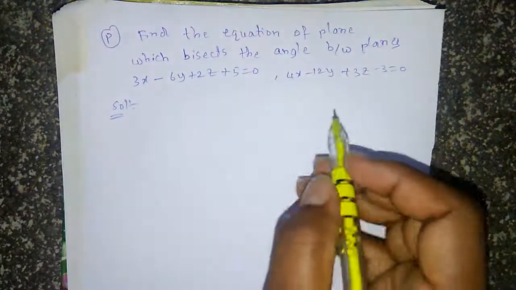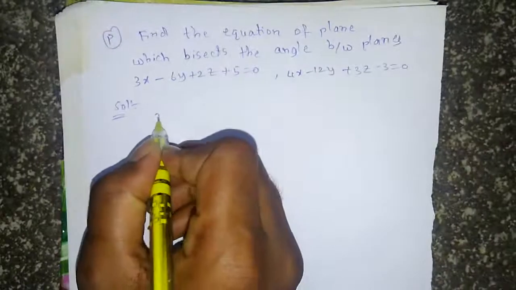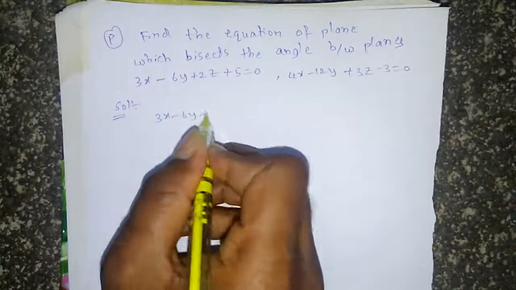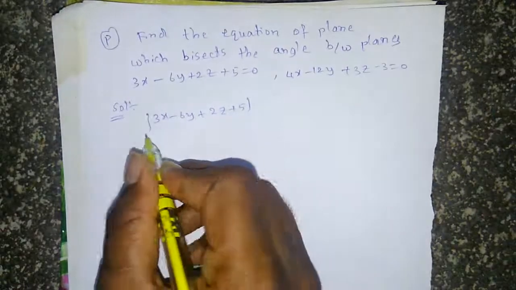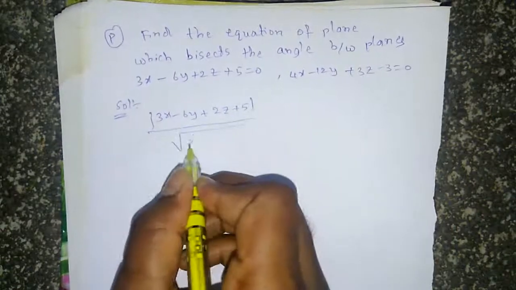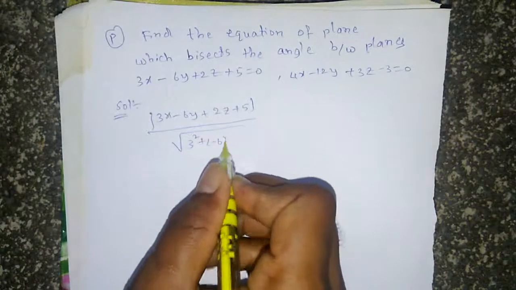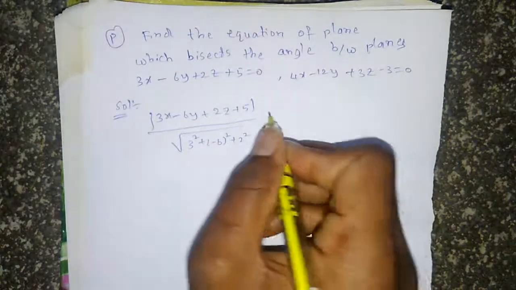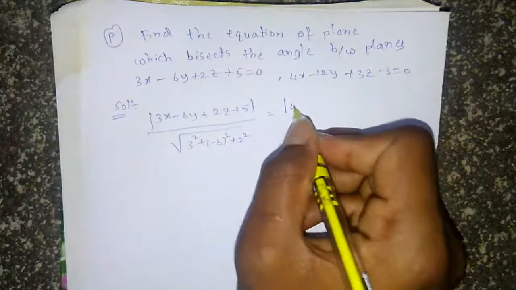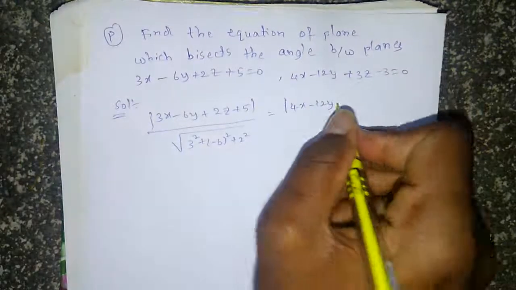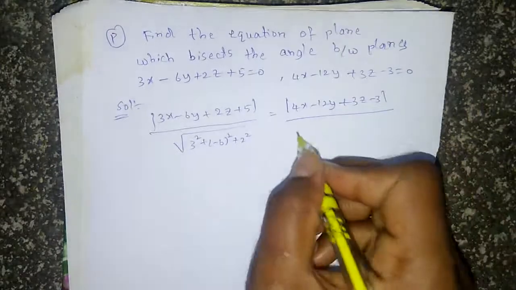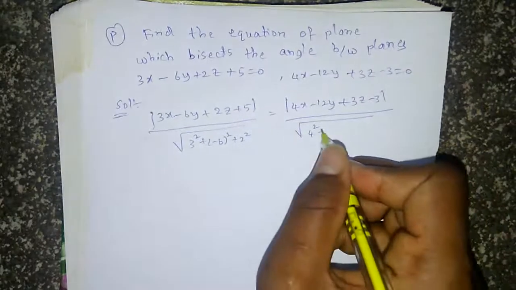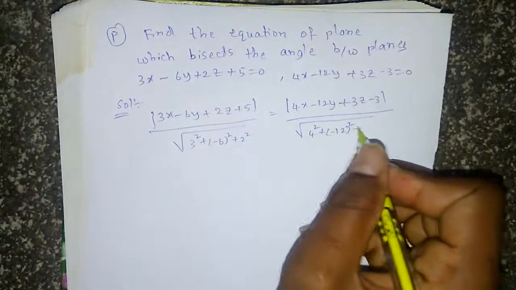So directly, we have a formula here: modulus of 3x minus 6y plus 2z plus 5 divided by root of 3 square plus minus 6 square plus 2 square is equal to mod of 4x minus 12y plus 3z minus 3 divided by root of 4 square plus minus 12 square plus 3 square.